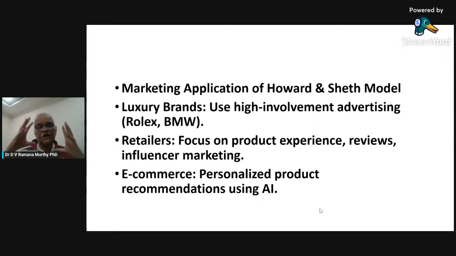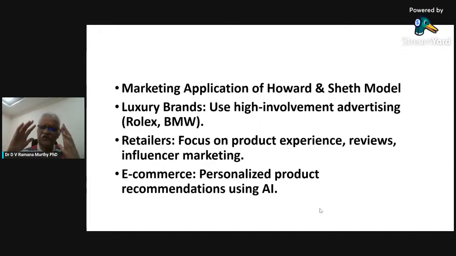Say, for example, for luxury brands, because we have already mentioned earlier that the Howard and Sheth model is good for high involvement products, I mean high involvement decision-making processes. That means the customer should spend sufficient time in the process of buying.